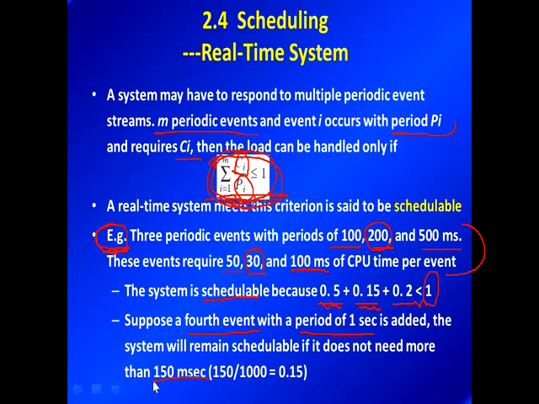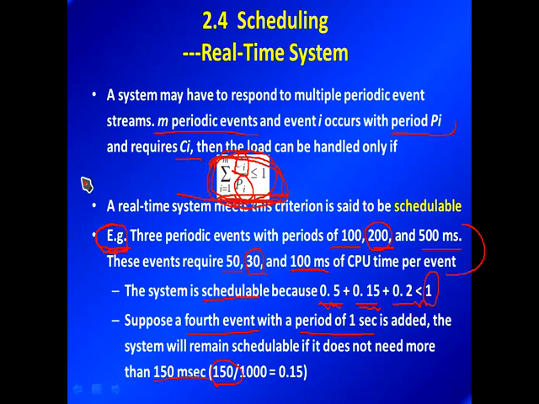If C4 for this fourth event is greater than 150 milliseconds, the sum will be greater than 1. Then it cannot satisfy this condition. It means this system is not schedulable anymore.